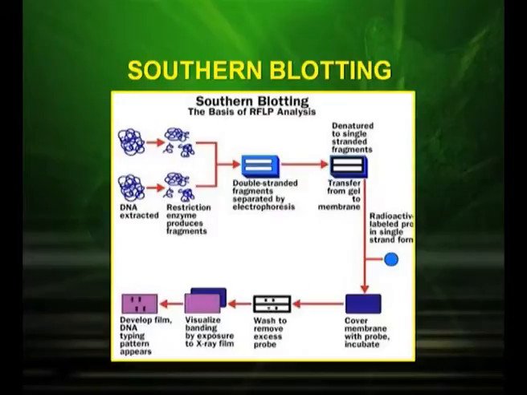They are denatured to single-stranded fragments and transferred from the gel to the membrane, and a radioactive labelled probe in single strand covers the membrane and is incubated. Then the excess probe is washed off and it is visualized by exposure to X-ray film, and the film is developed. The DNA typing pattern appears. At the end of the process, you can find the DNA patterns in the form of bands.